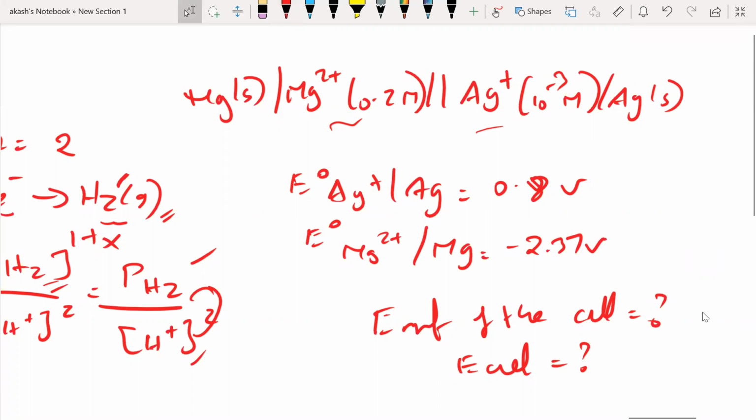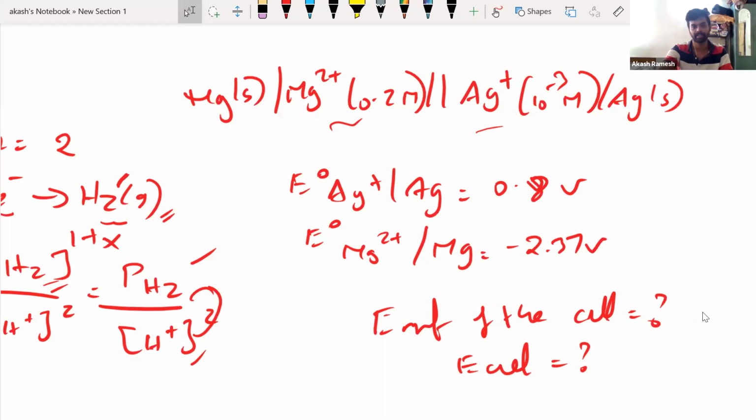Sir, I have a doubt. Does this take place at 25 degrees Celsius? Yes. Even if they didn't tell you anything, by default it is 25 degrees Celsius only.